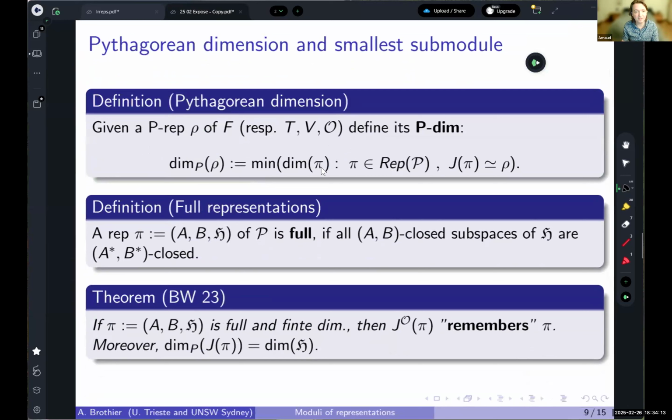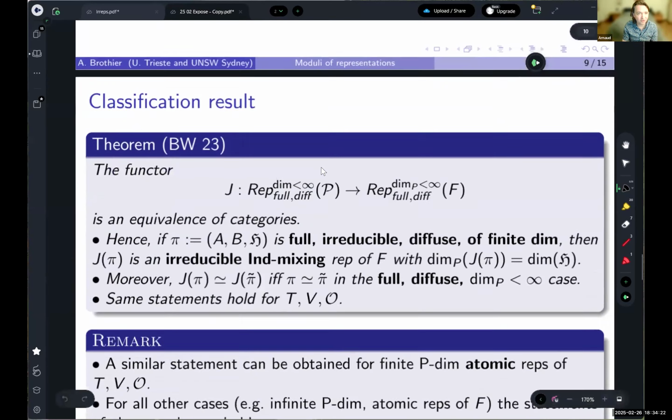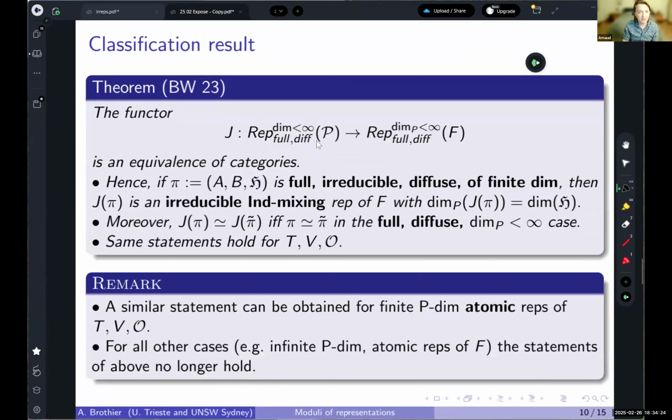And actually, if I go in higher dimension, the same is true, if I keep finite dimension. So maybe I'm going to go to the theorem. Here on the left, I'm going to take representations of P that have finite dimension.